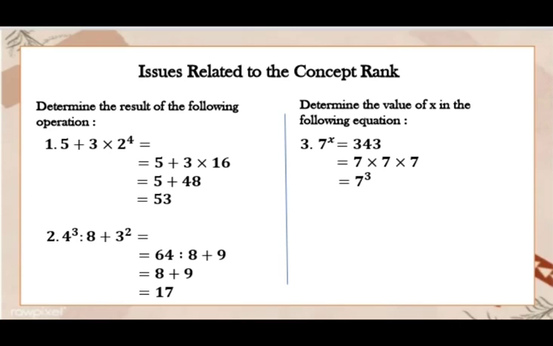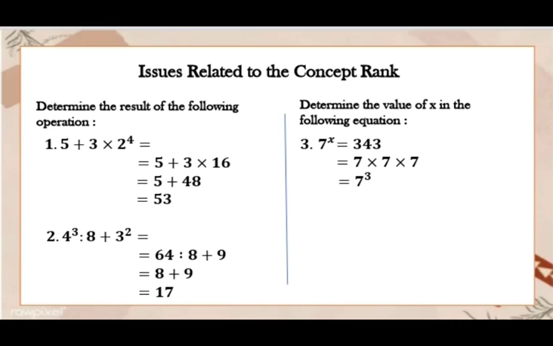So that's the order. Here the problem is 5 plus 3 times 2 to the power of 4. So 2 to the power of 4 is 16. Then there is plus and times, so let's do the multiplication first. Equals 5 plus 48. Just add up, the result is 53.